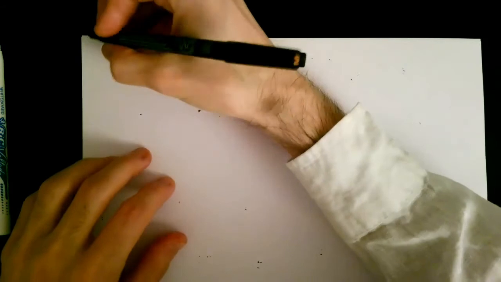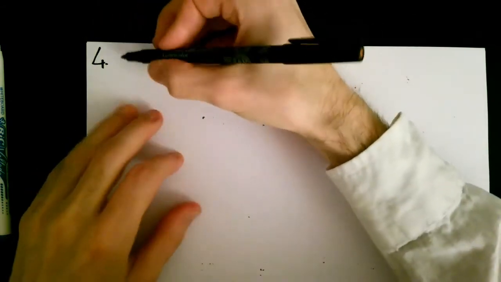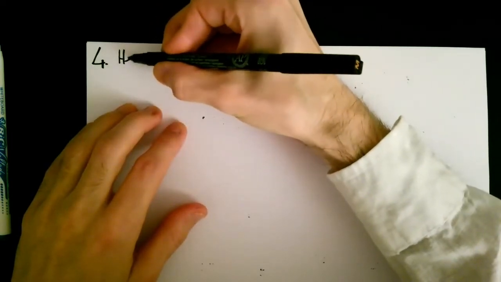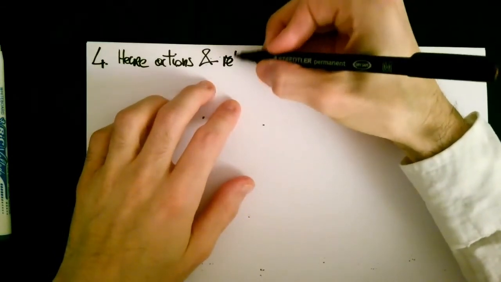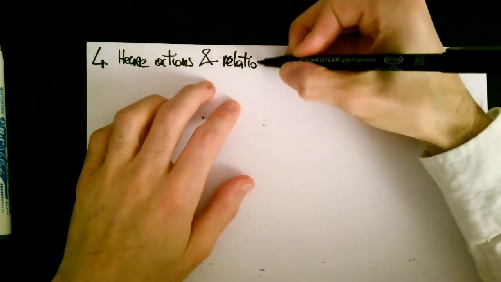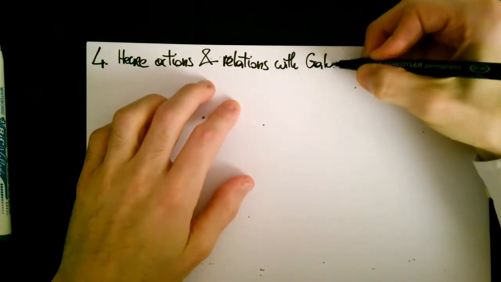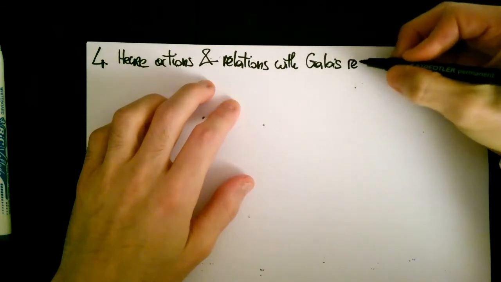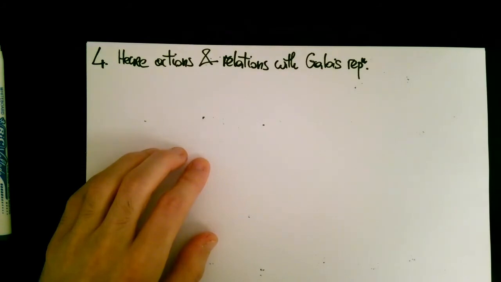So now we have section 4: Hecke actions and relation with Galois representation. First of all, we would like to understand the Hecke action.